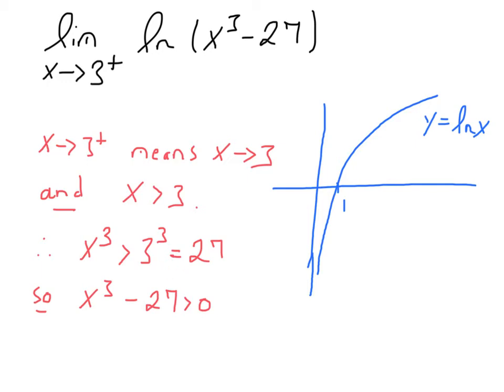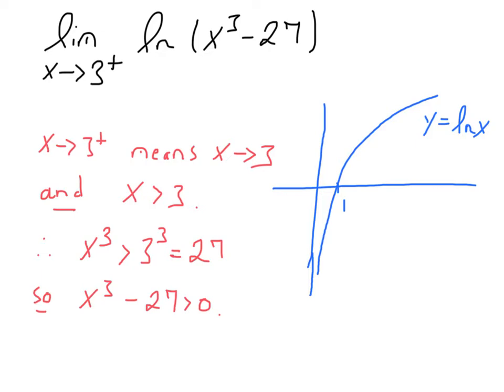All right, so what does this mean? This means that for all x's that we're considering when we take this limit as x tends to 3 from the right, x cubed minus 27 is going to be bigger than 0. So what does that mean?